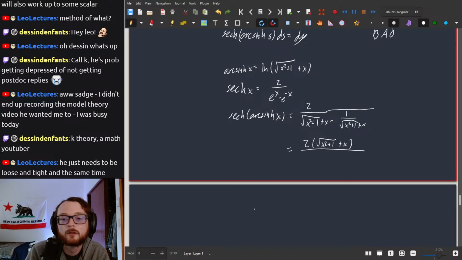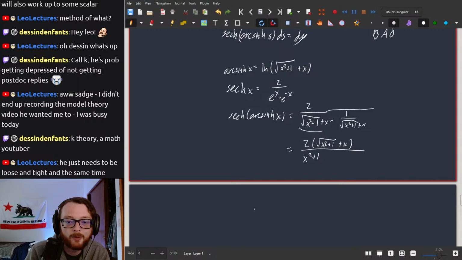Ugh. Basically, I'm squaring this thing right here.